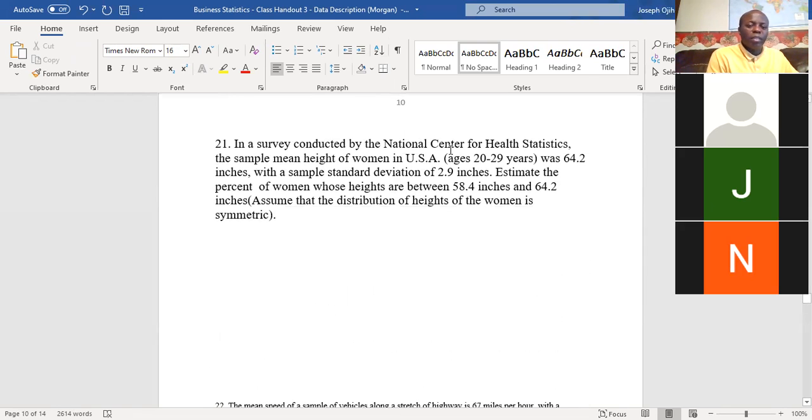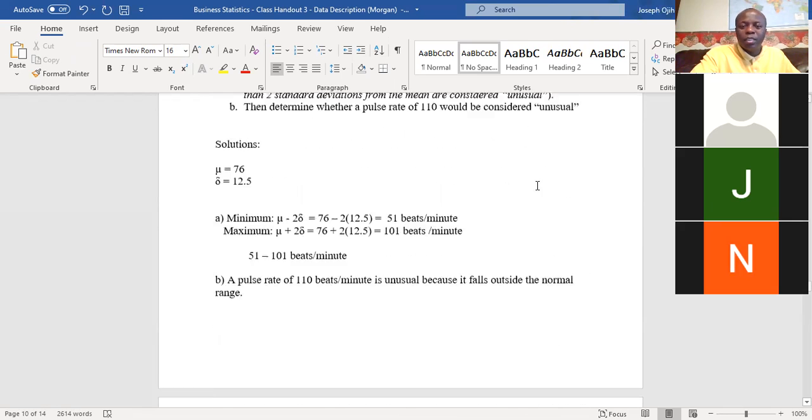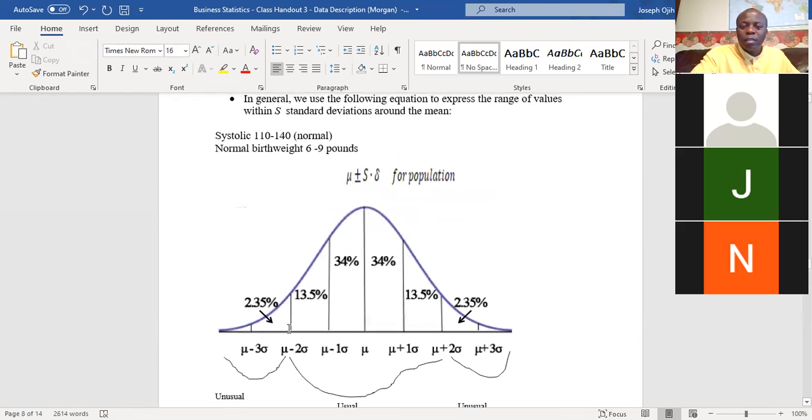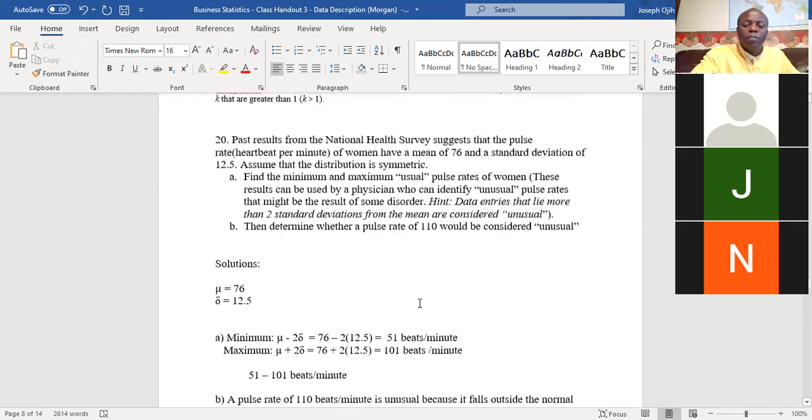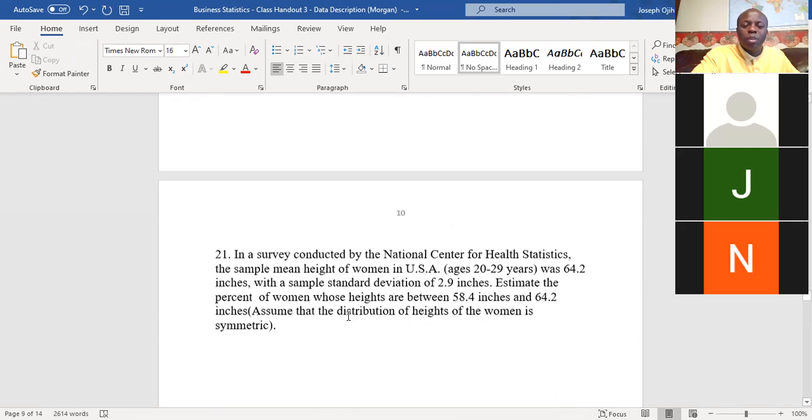Estimate the percent of women whose heights are between 58.4 and 64.2. Remember, I told you the percents are already calculated here. All you have to do is figure out where to start and where to stop to add. But first, let us write down the values we have.